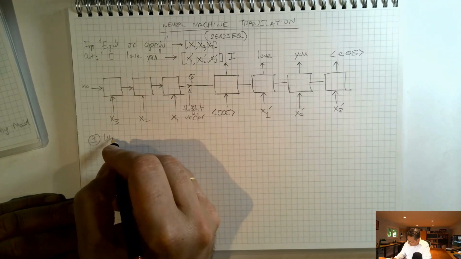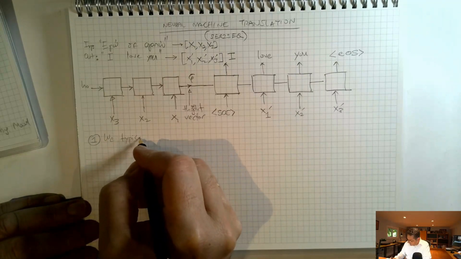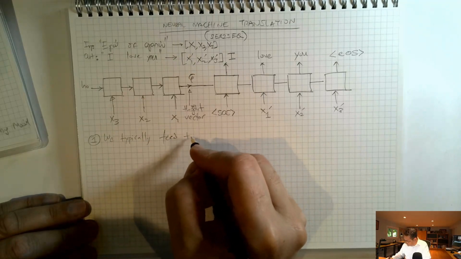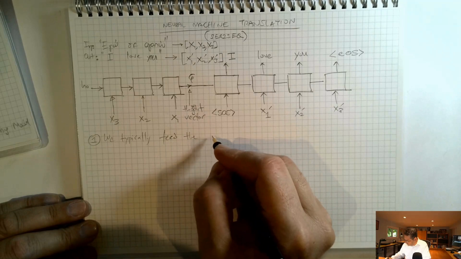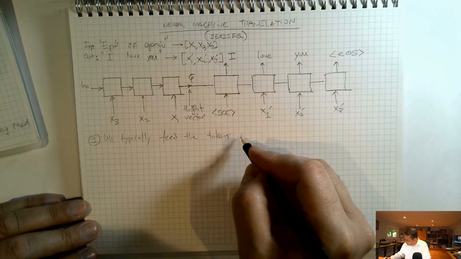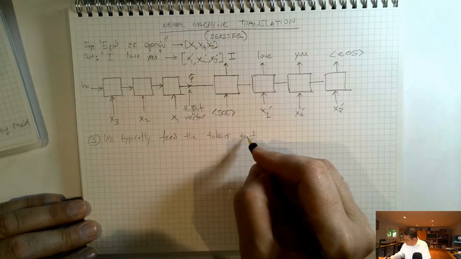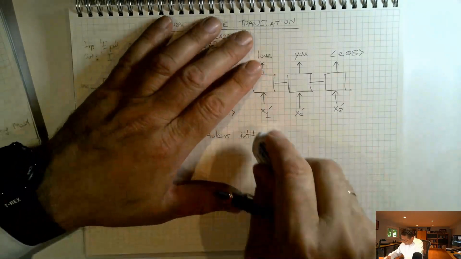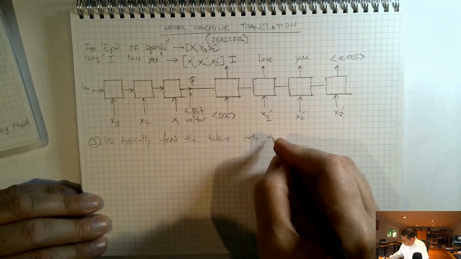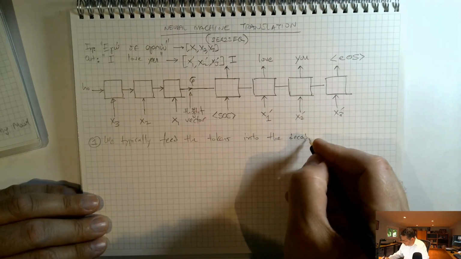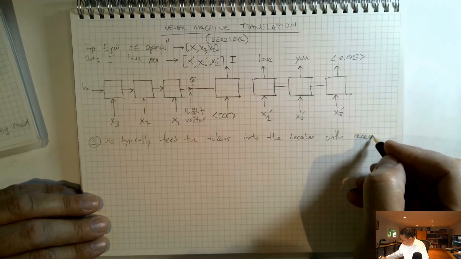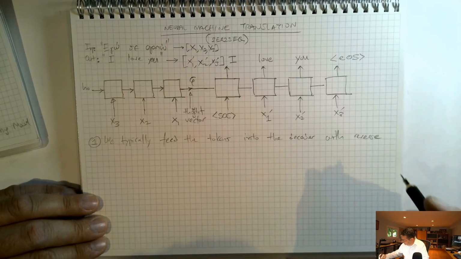We typically feed the tokens into the decoder in reverse order.